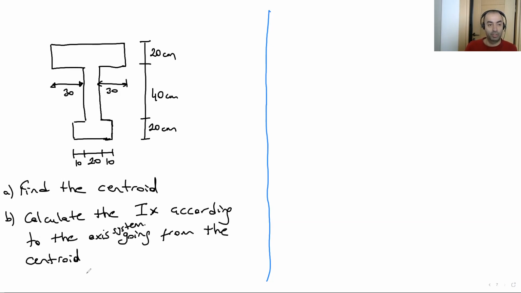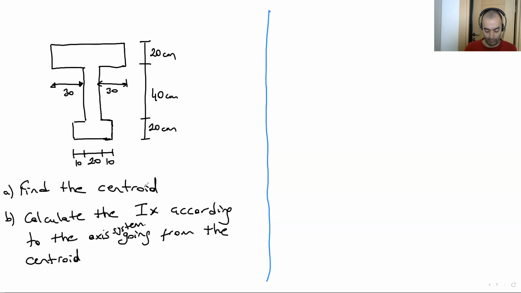According to this question, you can see the section here with dimensions. Calculate the centroid, where it is, and put the centroid axis system. And according to this axis system, calculate the IX. If you like, you can calculate IY, but in this question we are looking for IX.